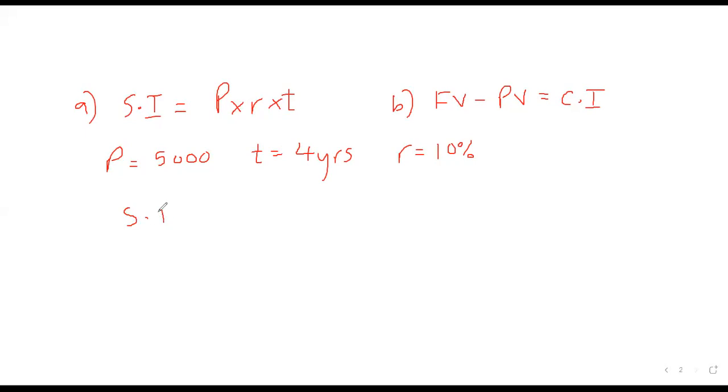So our principal will be 5,000. Our rate will be 10%, 0.10, or we can show the percentage as it is, and the time in years is 4 years. So simple interest in this case, cancel these 2 zeros, we're going to have a final answer as 200 kwacha. That will be our simple interest.